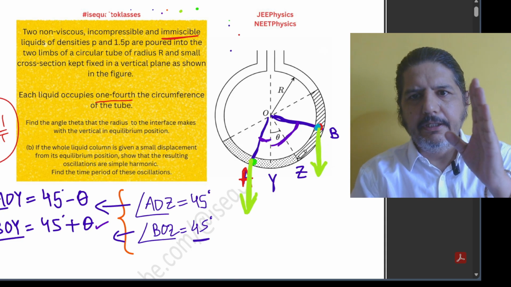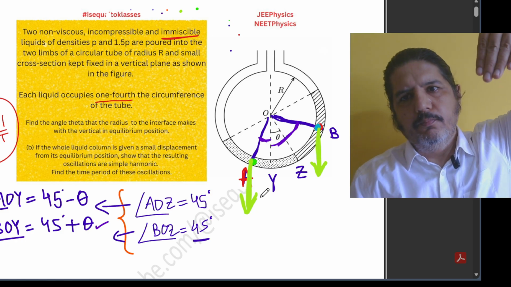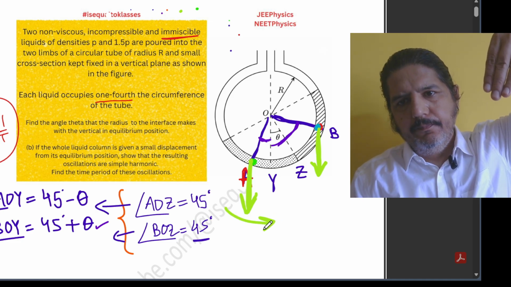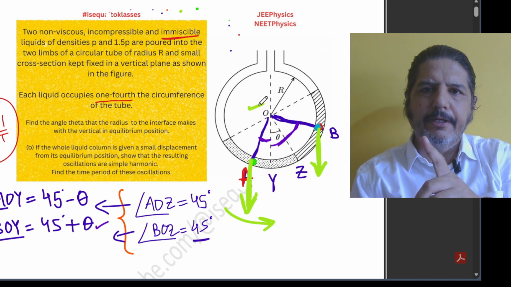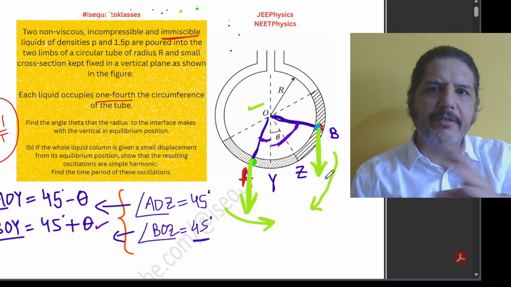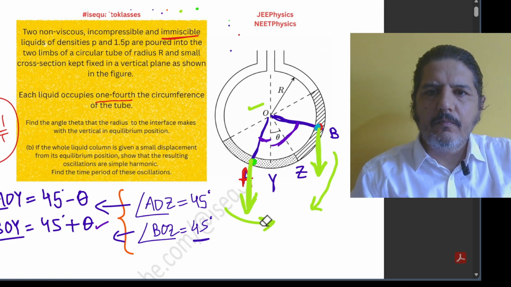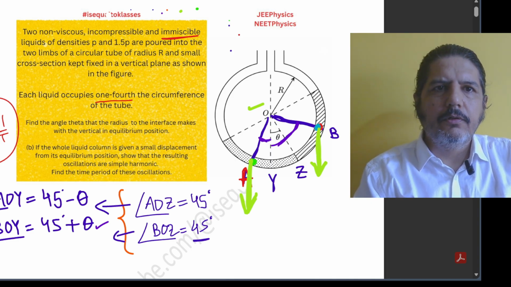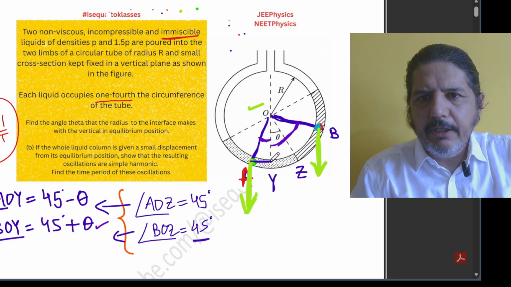Due to these two masses, the mass at A will be trying to push the liquid in the anti-clockwise direction about this pivot A. This would be the pivot A, and B liquid would be trying to push in the clockwise direction about the pivot A. The perpendicular distance would be equal to this, and for point B would be equal to this.